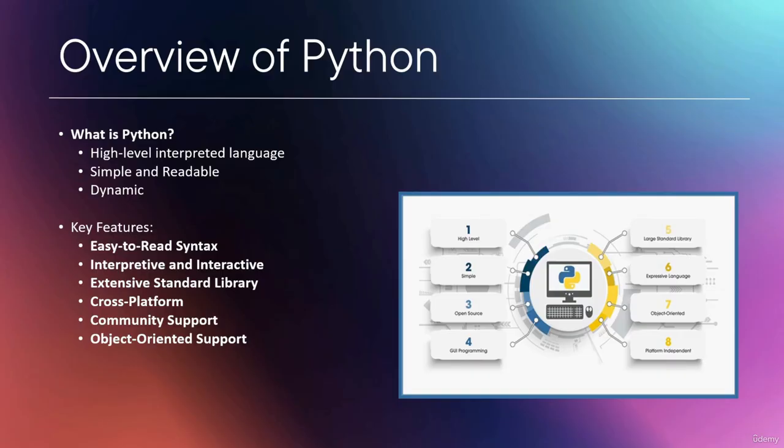So there are also some key features of Python. Again, easy to read syntax, as we discussed, interpretive and interactive. Now there's an extensive standard library. This is also important because when we install Python, there are a lot of things that already come pre-installed, like a lot of basic functions.